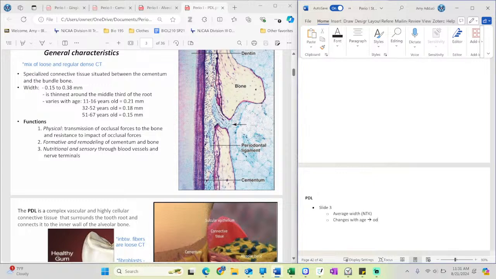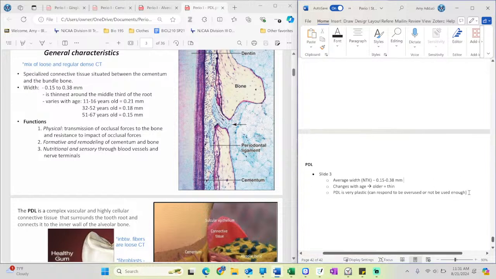But the PDL is very plastic, and it also can respond to being overused or not used enough. That means someone who is chewing gum constantly for years and years, the chances are the average width of his or her PDL is going to be closer to 0.38 or more.